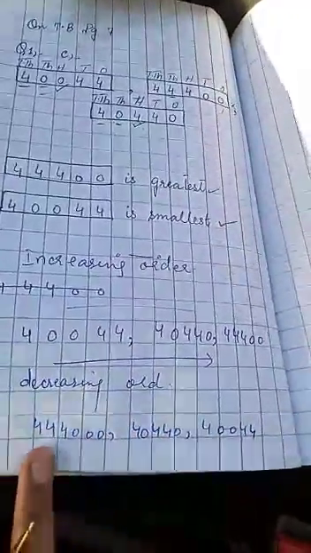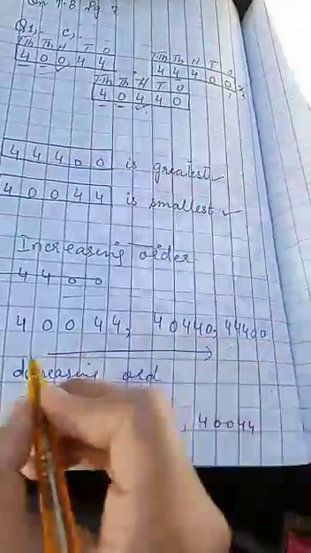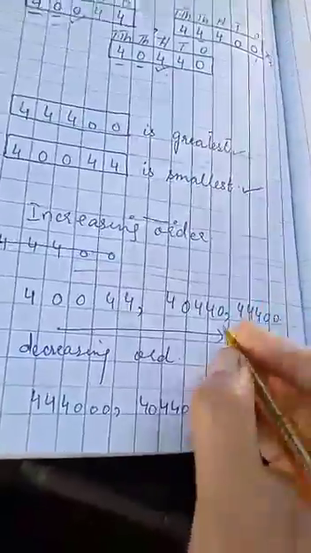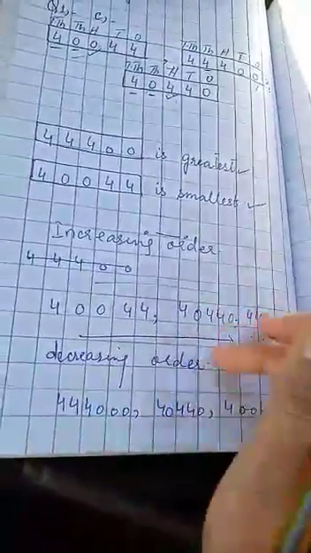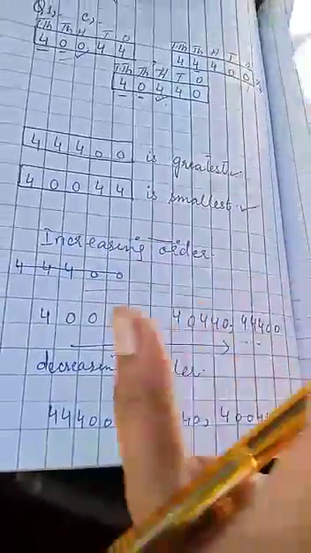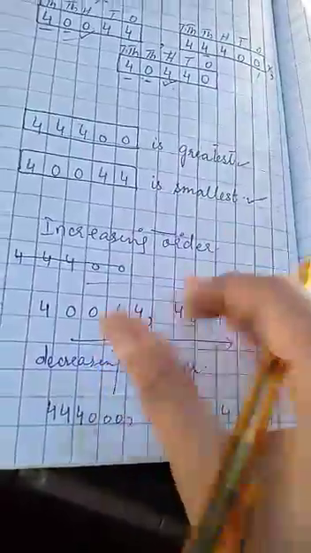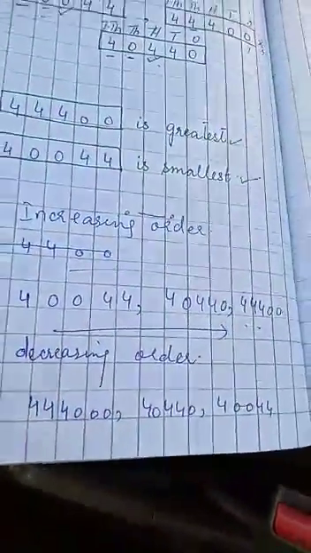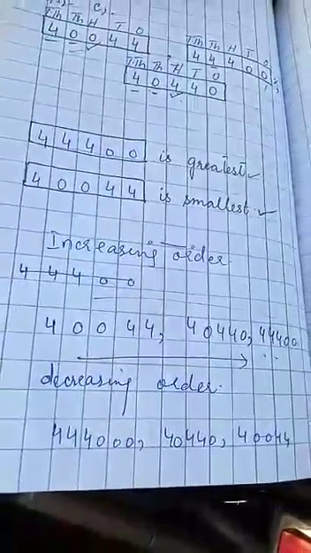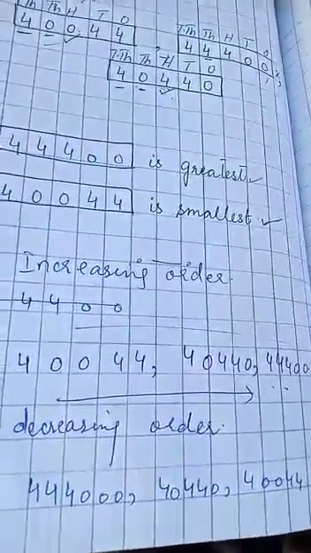Here we move from greatest to smallest, and in increasing order we start from the smallest and move towards the greatest. These are the two orders which we have to follow for the ordering of 5-digit numbers. The same rules are applied for 4-digit numbers and for 6-digit numbers, which we will study in further classes. And that's it. Thank you so much.